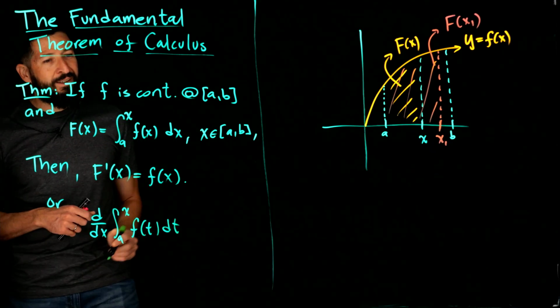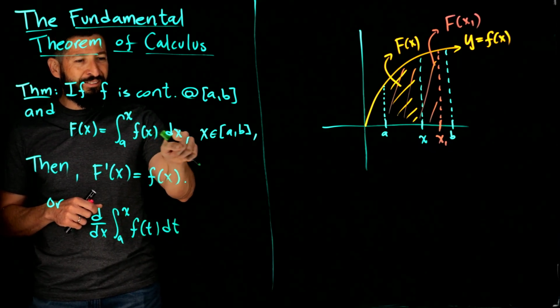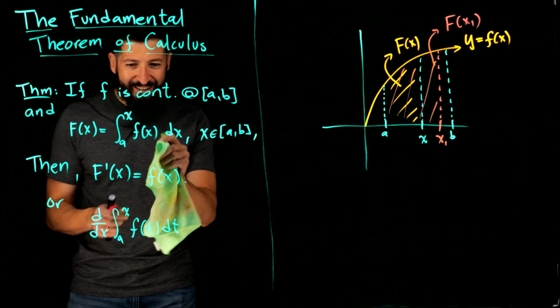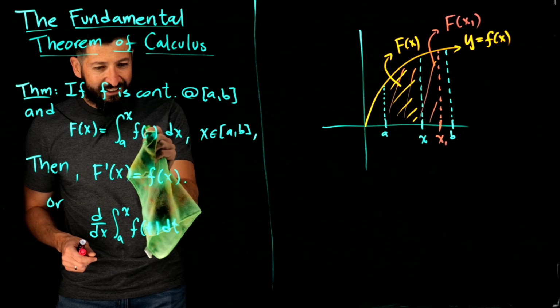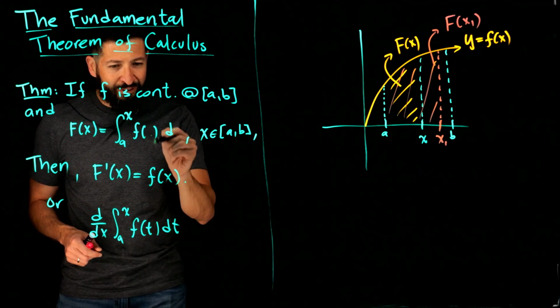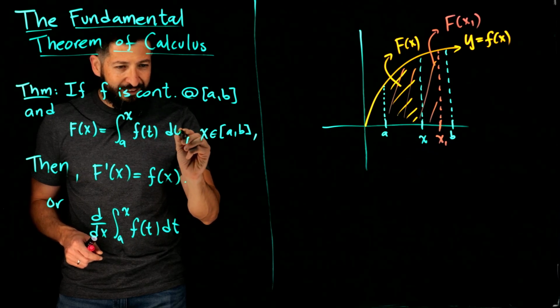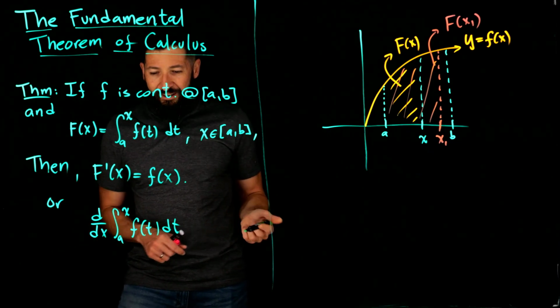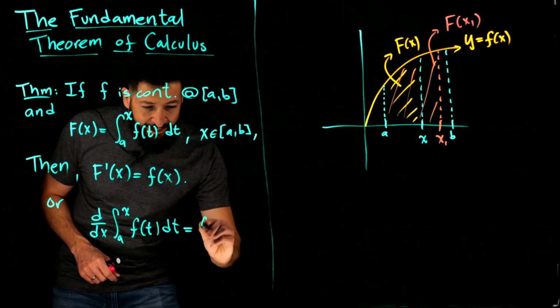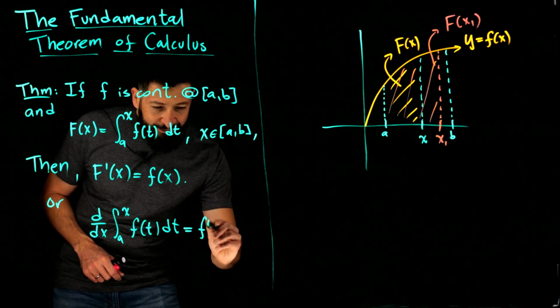By the way, it's kind of bad manners to put x here, huh? Let's change that to t dt, because x is already an endpoint. Much better. All right, so if you take this derivative, that should just be f evaluated at x.